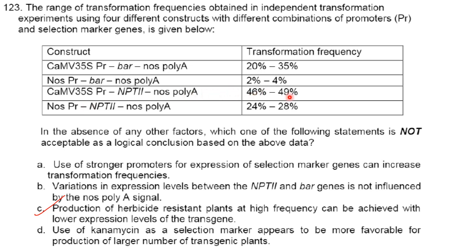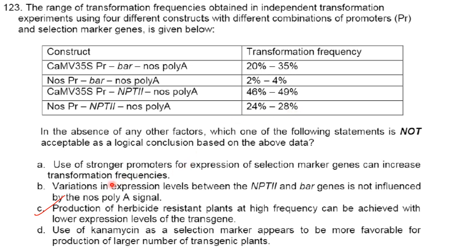You can see from the values over here, transformation frequency is more for the CaMV35S promoter than for the NOS promoter. So use of strong promoters for expression of selection marker genes can increase transformation frequencies. That is correct.